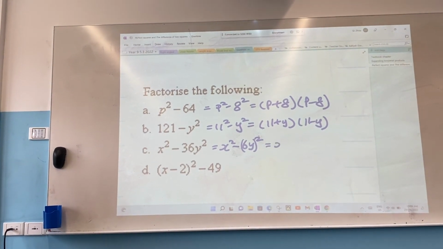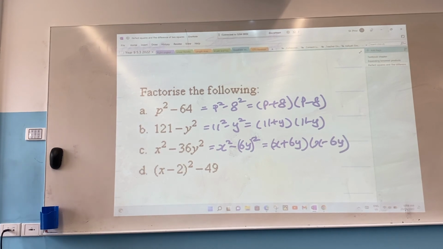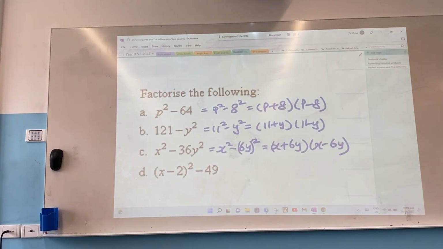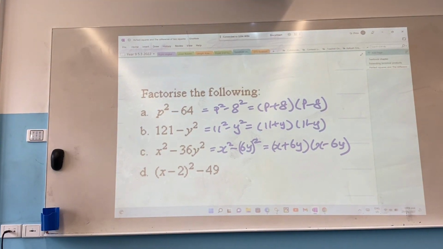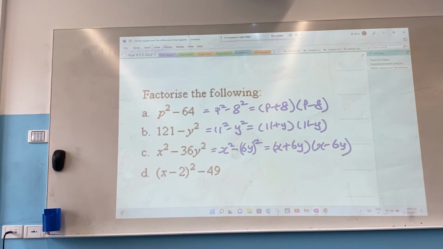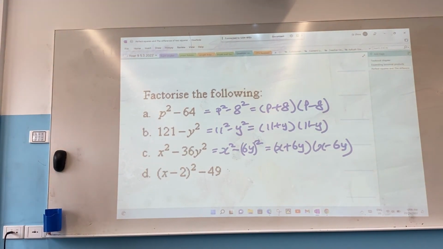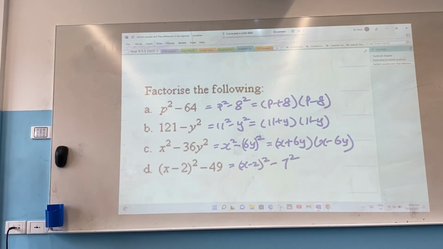Then it's A plus B, A minus B. Yes? We're pretty much done. And I think we've done very well if you guys understood this today. 49, what am I thinking? Very good. Now this is A squared minus B squared.